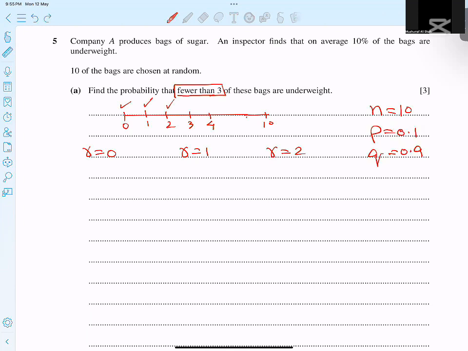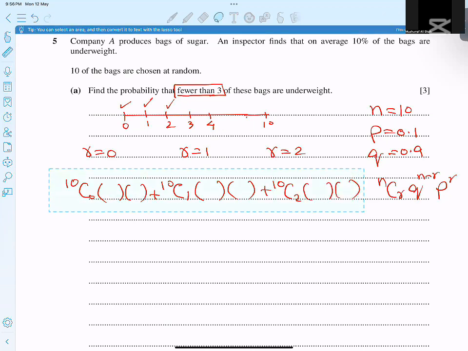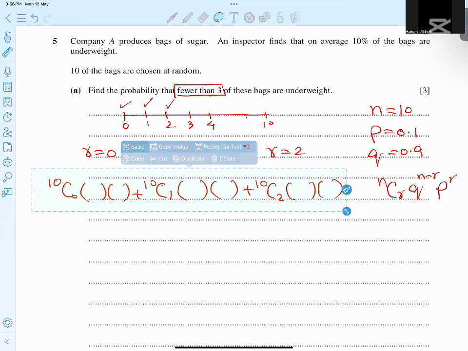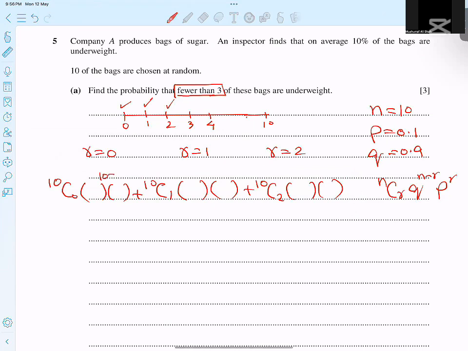Now we can apply the formula. The binomial formula is nCr, Q to the power n minus r, P to the power r. So n is 10: 10C0 in brackets, 10C1 in brackets, and 10C2 in brackets. In the first bracket we have 10 minus 0 and 0, then 10 minus 1 and 1, then 10 minus 2 and 2.